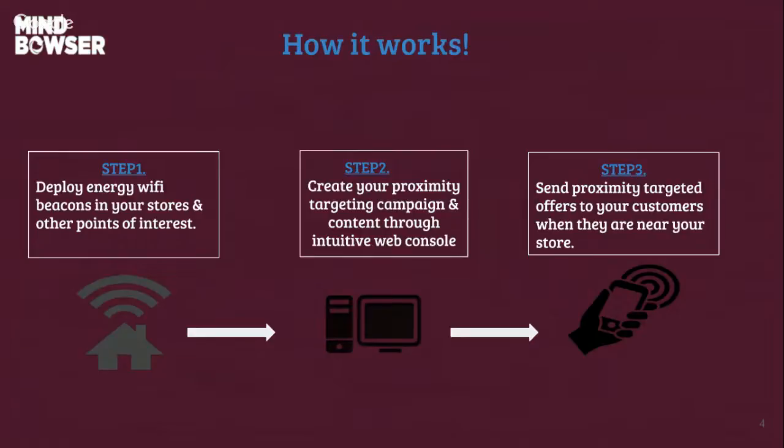So probably you'll have some sort of an admin dashboard or configuration tool through which you can create your campaign, including the coupons you want to give and the information that you want to send. And then the next step is to send proximity-targeted offers to your customers when they are near the store or at a particular point where you want that message to be sent. So this is what proximity marketing constitutes.